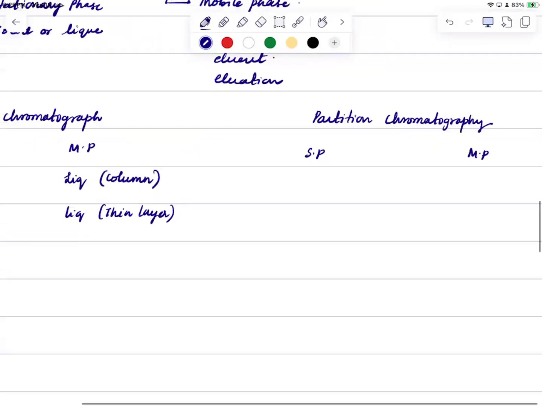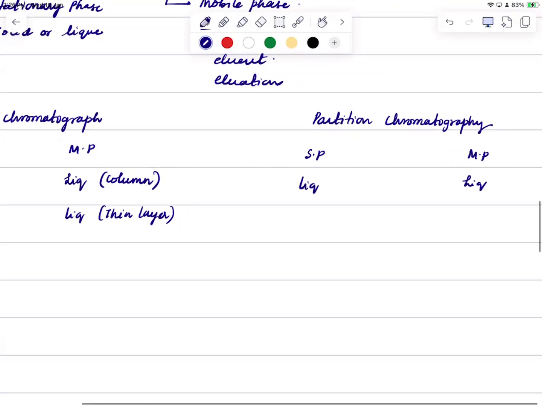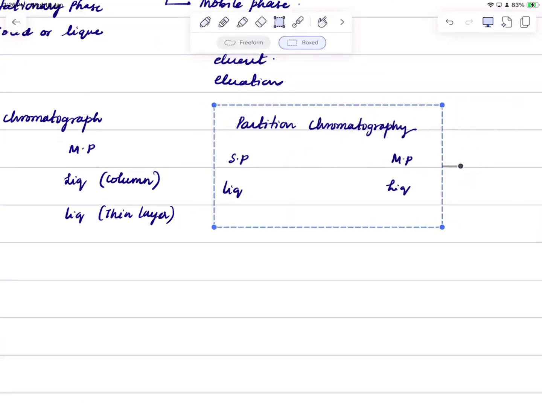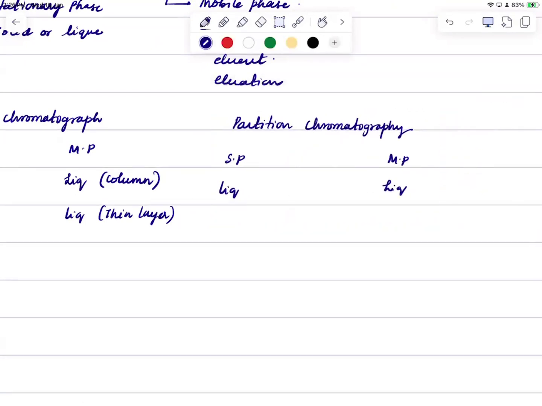Got it? Next, when it comes to phases where we have liquid and liquid, clear? In partition chromatography, if it is liquid and liquid, then it is simply called liquid partition chromatography.